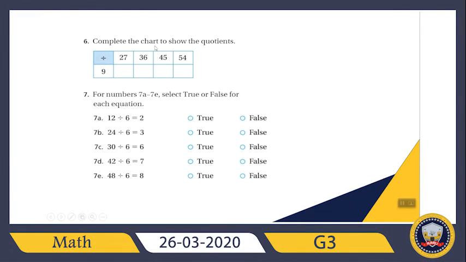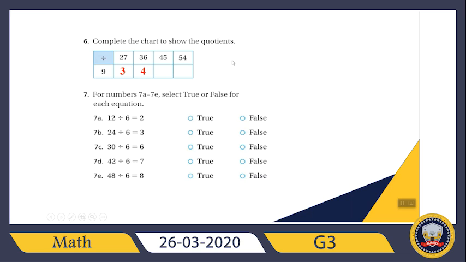What about question 6? It says, complete the chart to show the quotients. 27 divided by 9 equal what? Good job, 3. Or 9 times 3 equals 27. If you want, you can use multiplication. 36 divided by 9 or 9 times what equal 36?